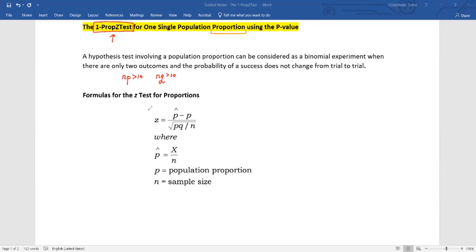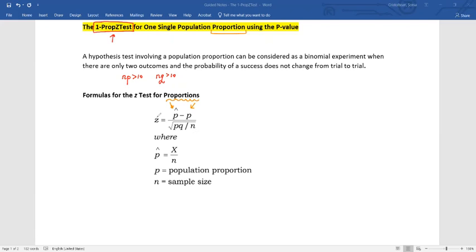The formula for the z test for proportion, which is actually the 1-prop-z test, follows the same general rule for the standard score. The value, which in this case will be denoted p hat, because this is the statistic corresponding to the proportion p, minus the true population proportion. And on the bottom, we have the square root of PQ divided by N. This is how the standard error looks when we deal with proportions.